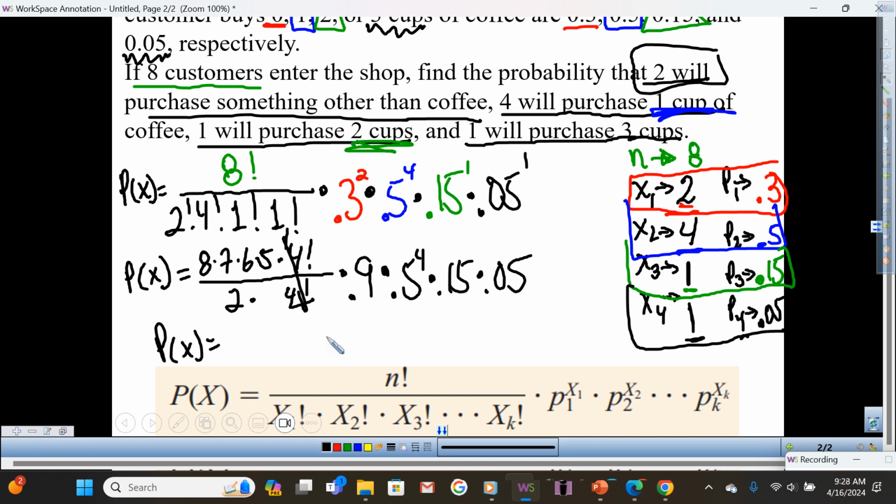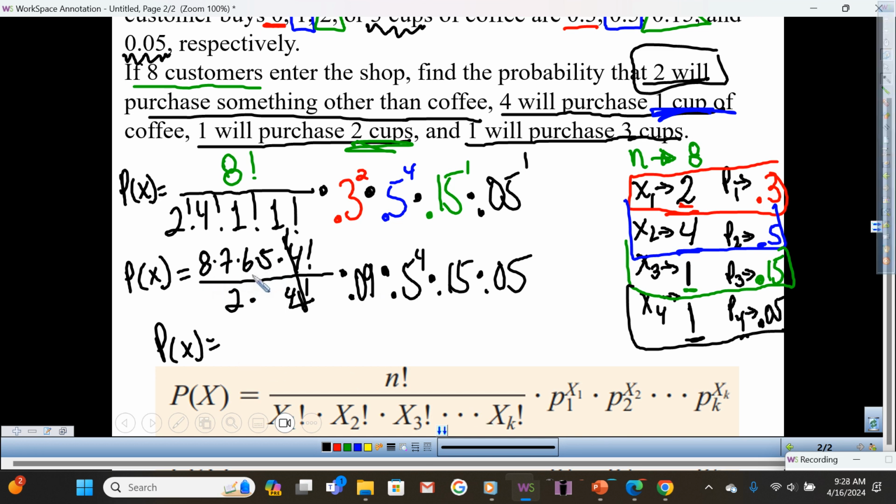Did I skip something? 0.3 squared, oh yeah, my bad. I did that to see if you were paying attention. Thank you, Dylan. 0.09. Where was I? 30.